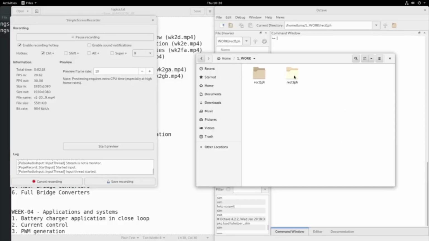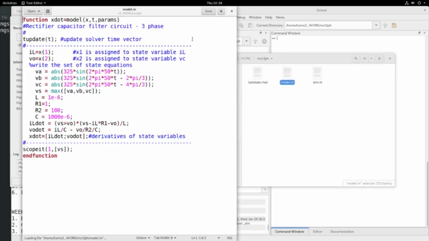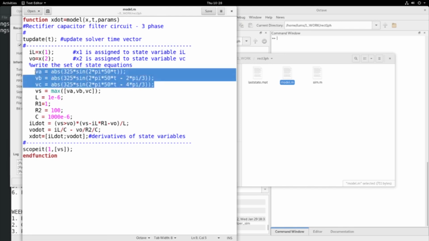I will now go into the other folder, rectifier three-phase. It is similar to the single-phase circuit, except that you have three-phase voltages as input. VA is the A phase to neutral voltage, which is 120 degrees displaced with respect to the B phase and the C phase, as indicated here.